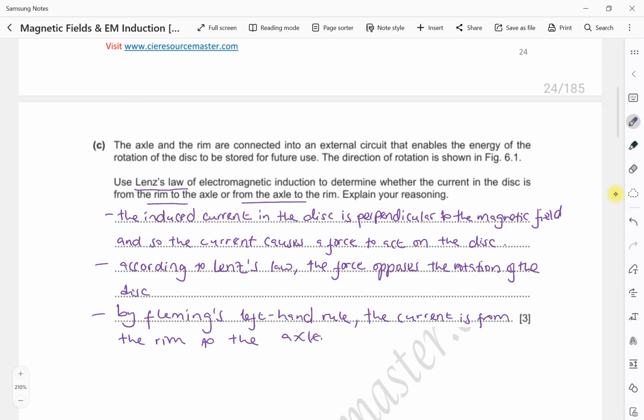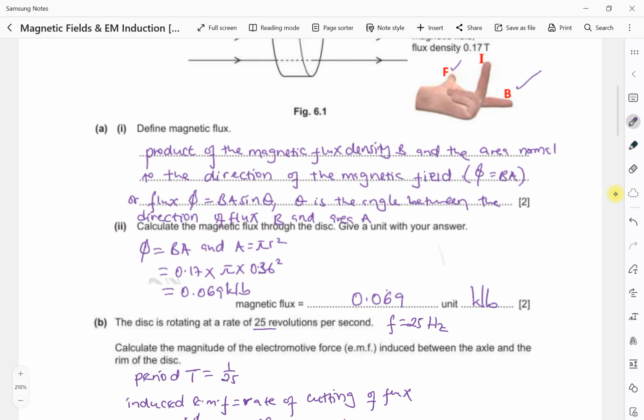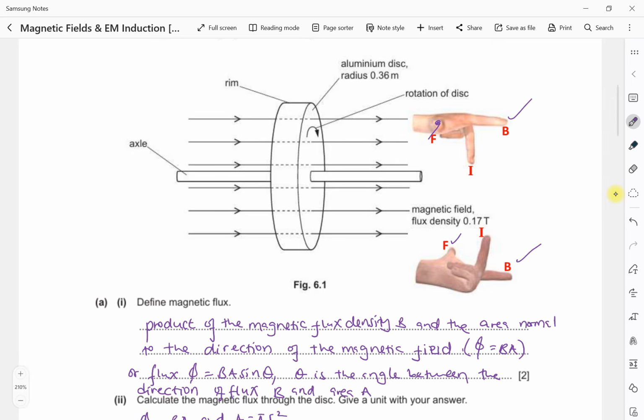I think that was easier to visualize. The current is from the rim to the axle by Fleming's left-hand rule. So I want to explain this again for easy understanding.